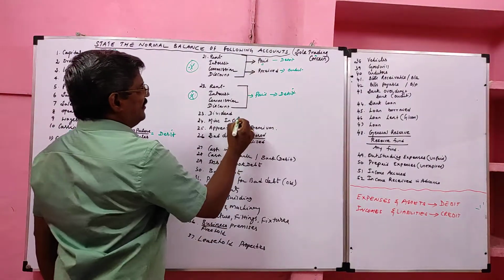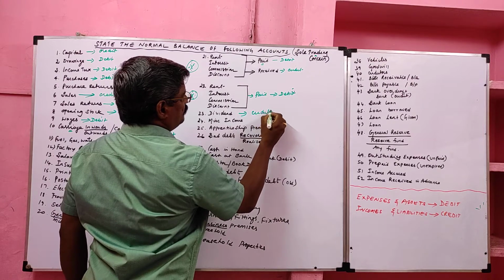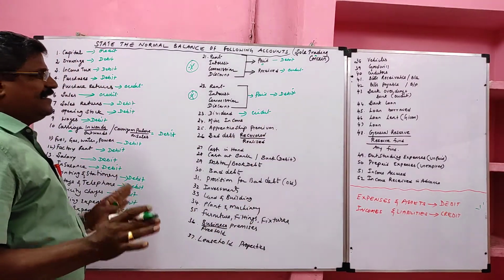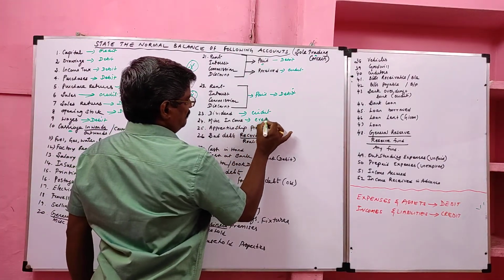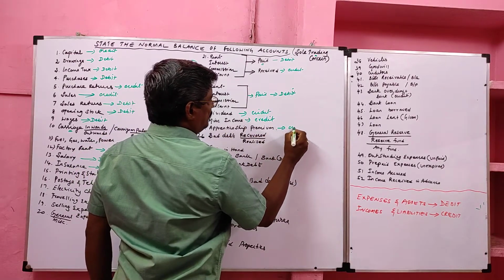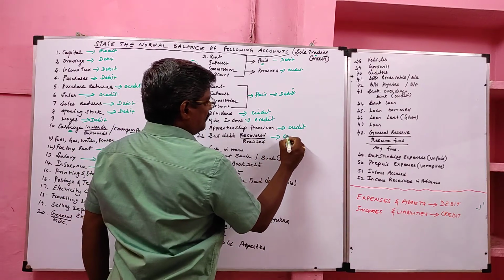Dividend, as far as a sole trading concern is concerned, is an income, credit. Miscellaneous income, credit. Apprenticeship premium is an income, credit. Bad debts recovered is an income, credit.